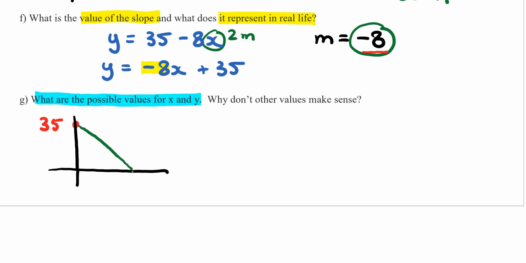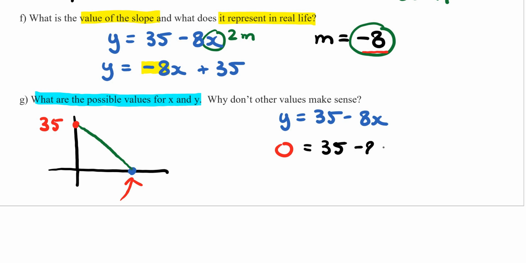For y, it's not too bad to figure out, but let's go ahead and find the x-intercept first. I have y equals 35 minus 8x. If you want to find the x-intercept, we will set y equal to 0. If I bring the negative 8x across, I get positive 8x equals 35.